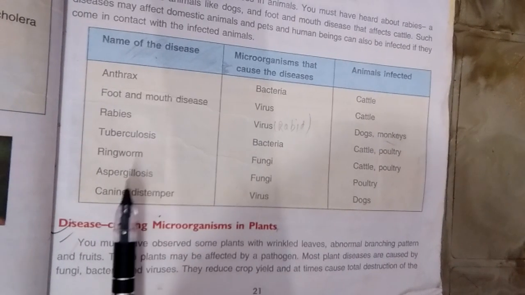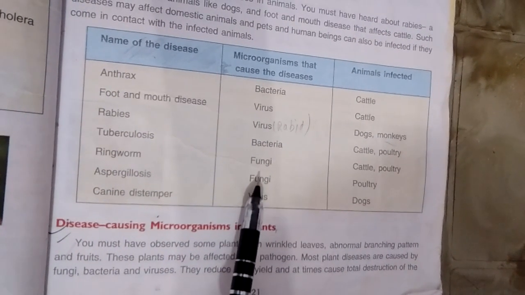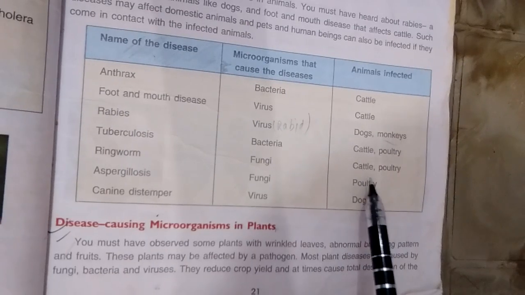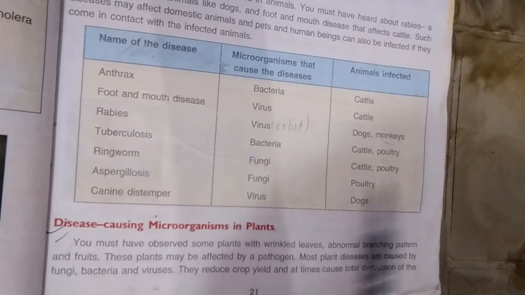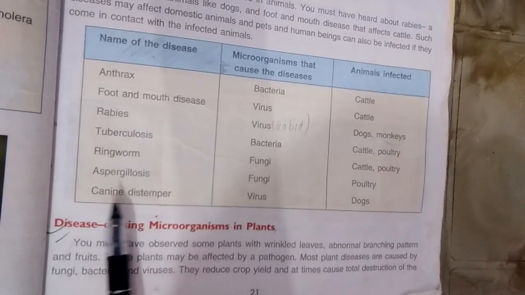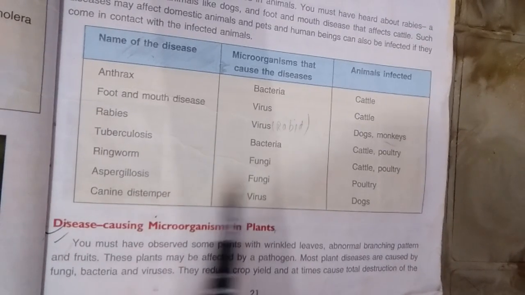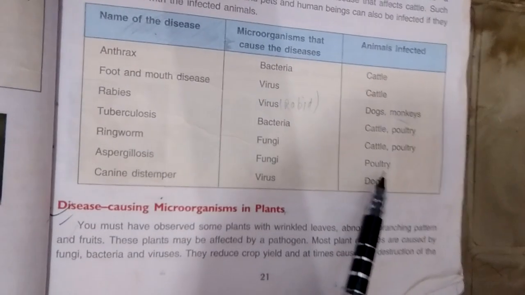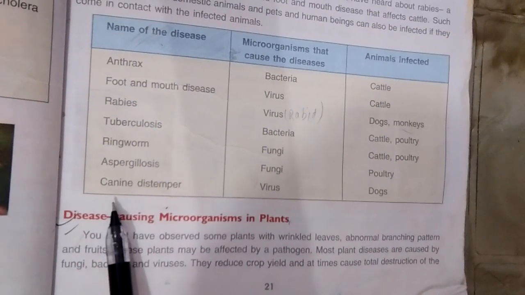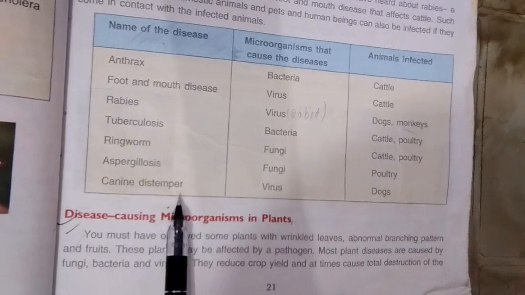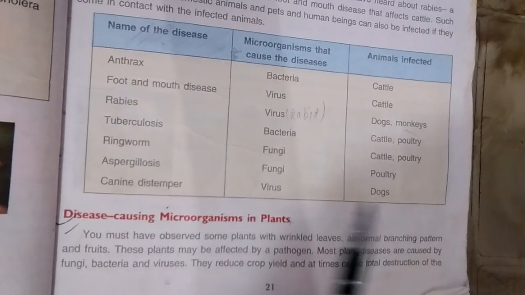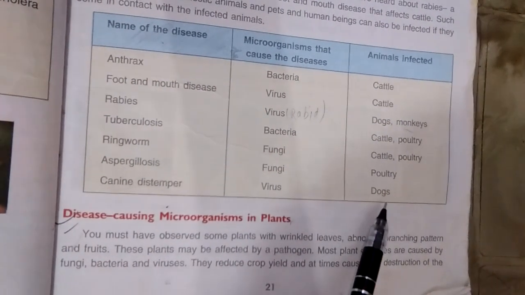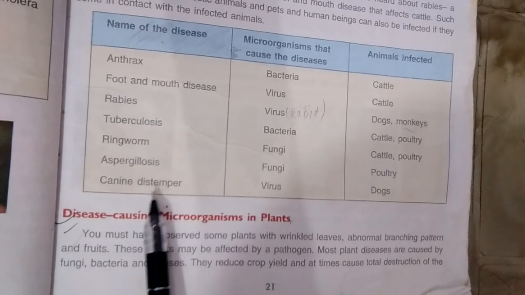Now another is ringworm, which is caused by fungi, and it is also found in cattle and poultry birds. Now come to Aspergillosis, which is also caused by fungi, and it occurs in poultry also. Then there is Canine Distemper, which is caused by a virus, and it is dogs which get infected from this.